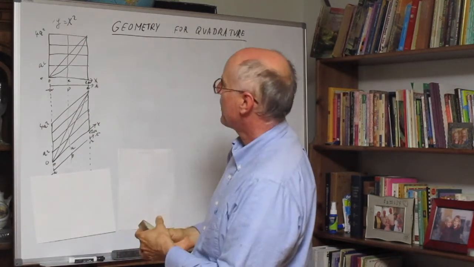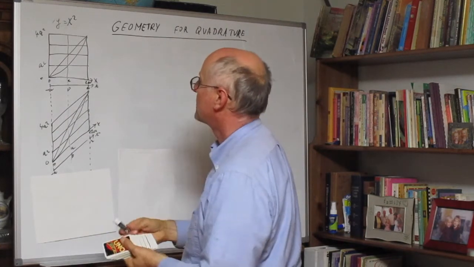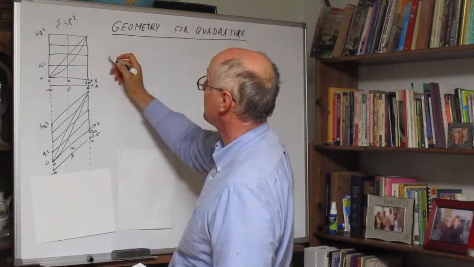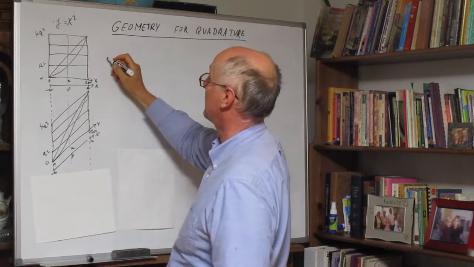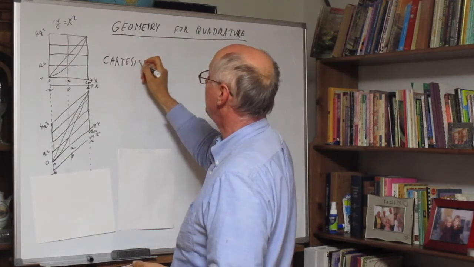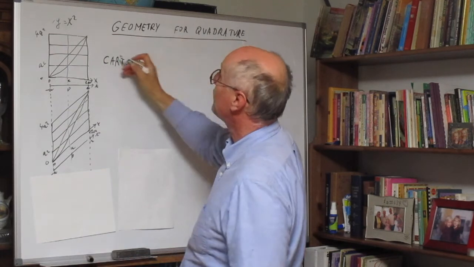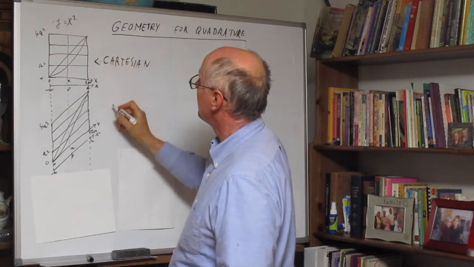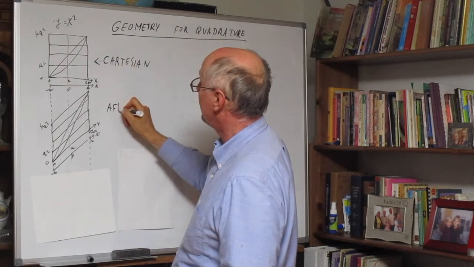and so this would be an example of affine geometry. This one, what did we call this one? Cartesian. Now there's a Euclid. That's this one. This one is affine.